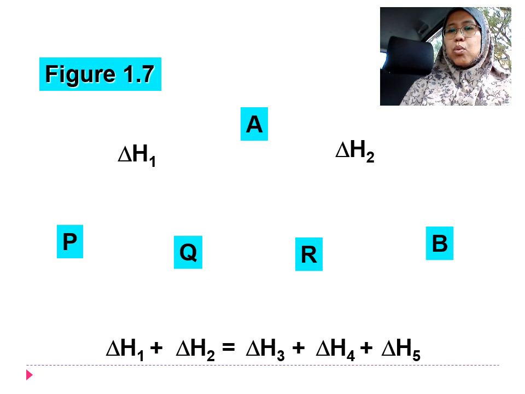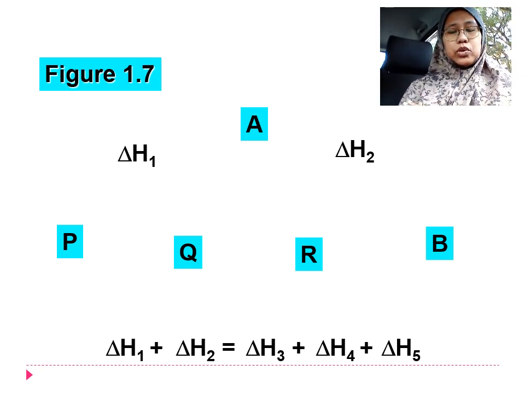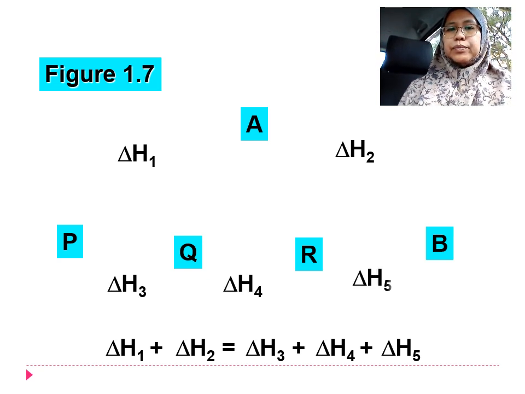That is one pathway. But the second pathway is for it to go through Q first. Maybe it needs a different catalyst, a different condition, so it can go through Q and then through R, and then it would produce B. So we are going to use delta H3, delta H4, delta H5.